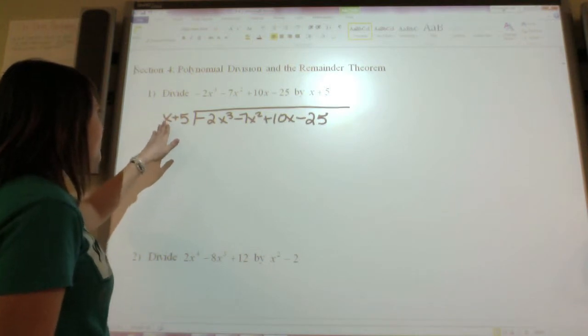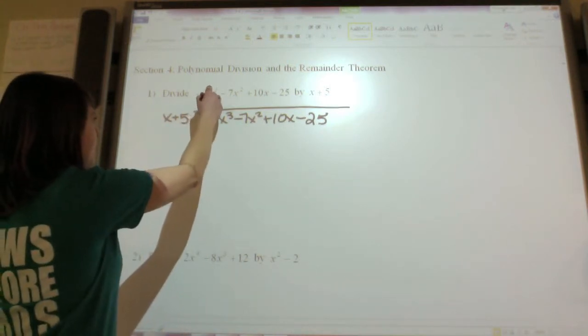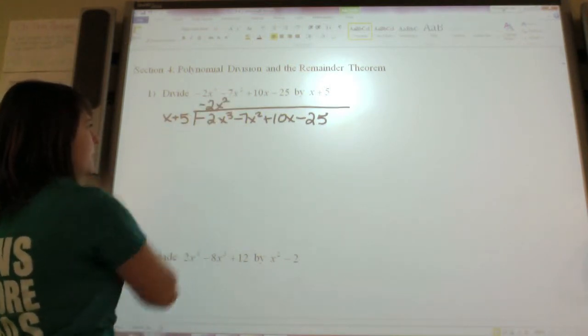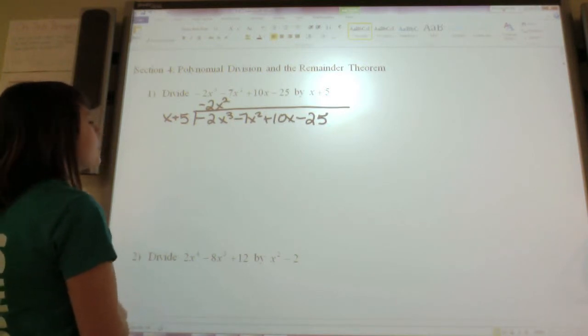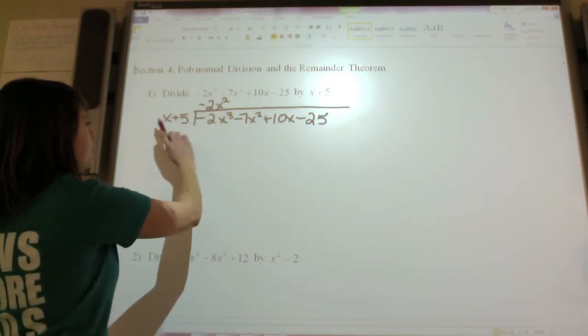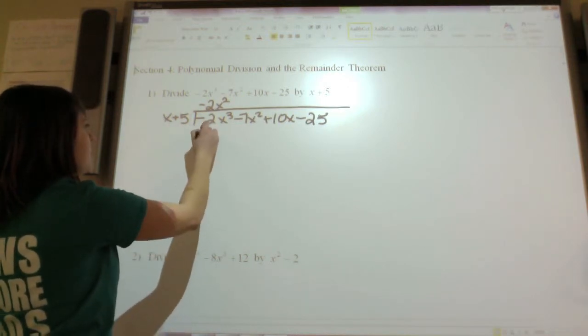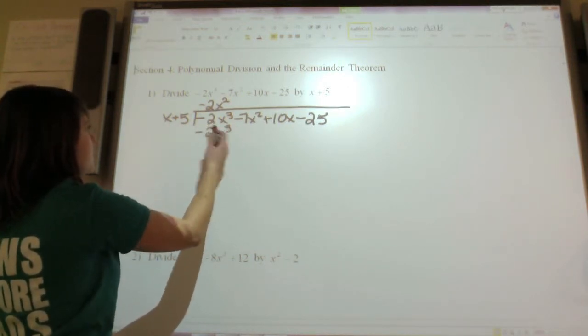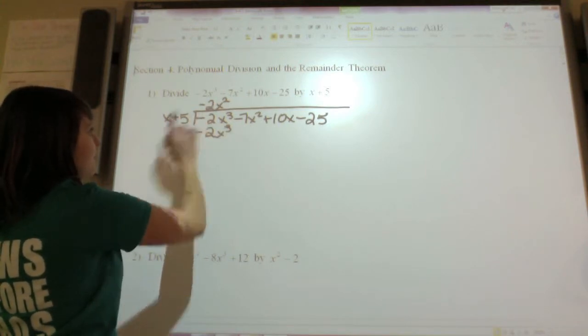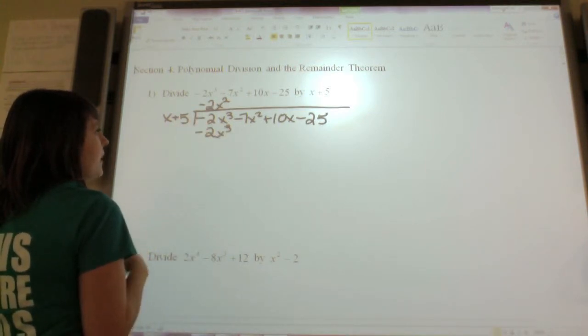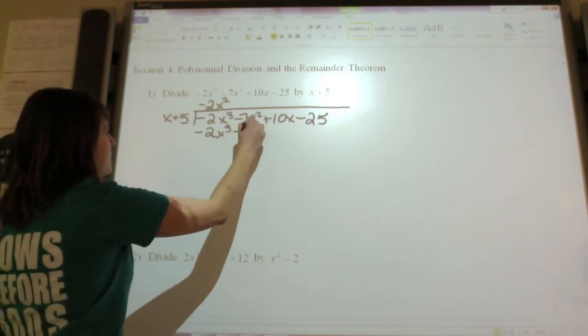So I need to multiply x by negative 2x squared in order to get negative 2x cubed. So now I'm going to go ahead and multiply these through. I'm going to say x times negative 2x squared. That gives me negative 2x cubed. Then I say 5 times negative 2x squared, and that gives me negative 10x squared.